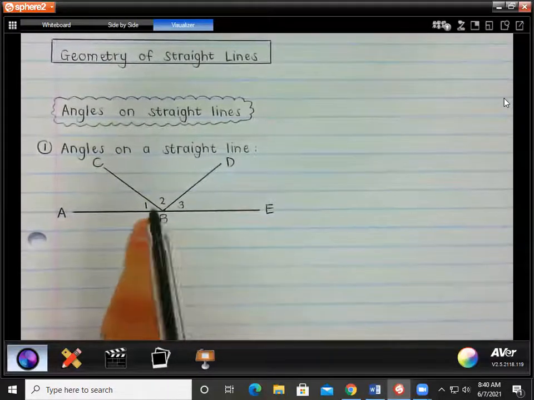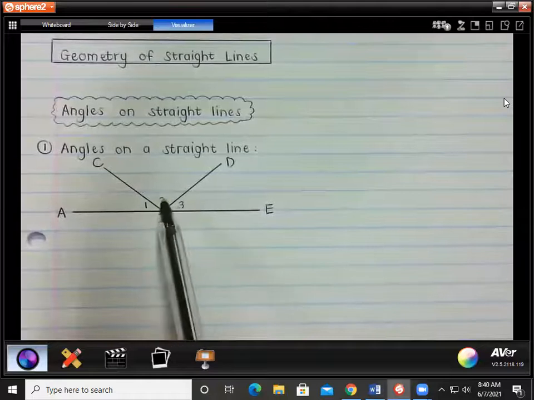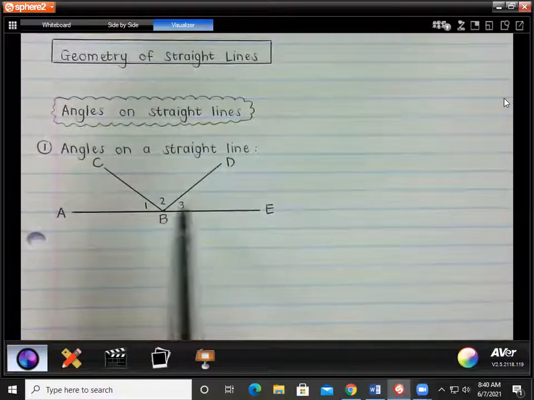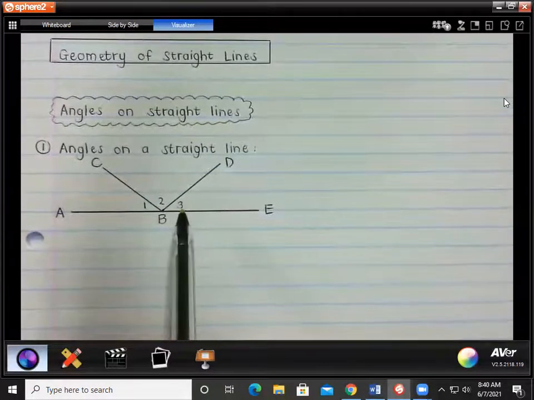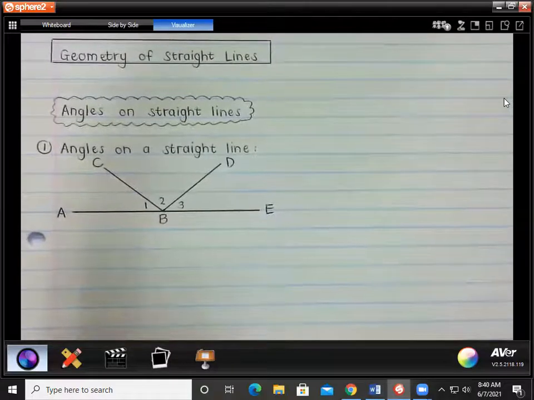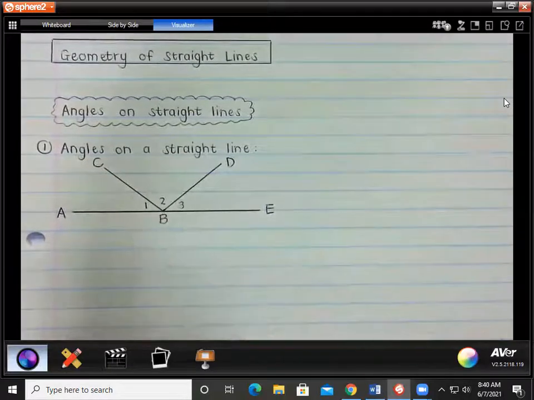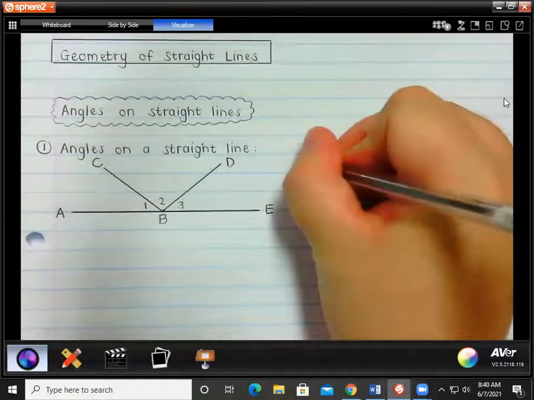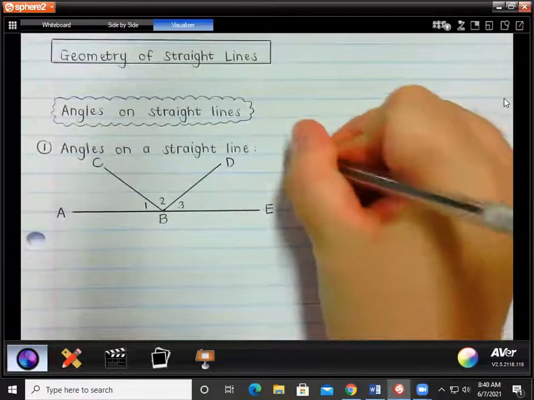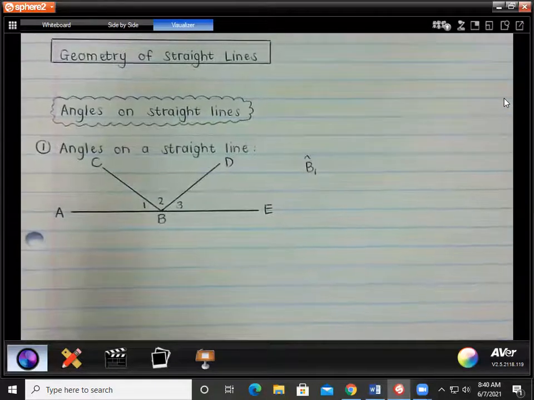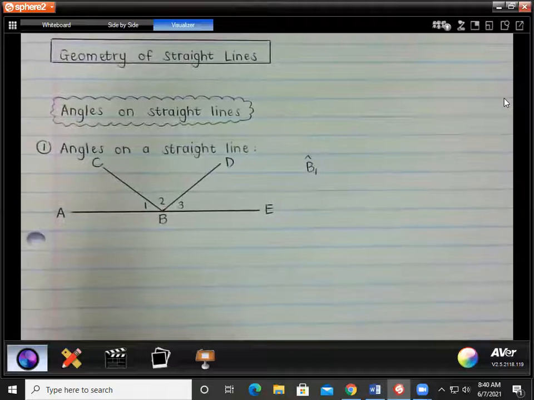Okay, they're not telling you that this angle is 1 degree and that angle is 2 degrees and that angle is 3 degrees. Okay, if they were saying that, they would have to put the degree symbol next to the actual number. All right, so these numbers that they're putting here are just to help you with naming them. All right, so we're going to use that naming convention. We're going to write B1. Okay, so you write the B, the 1 is as a subscript.